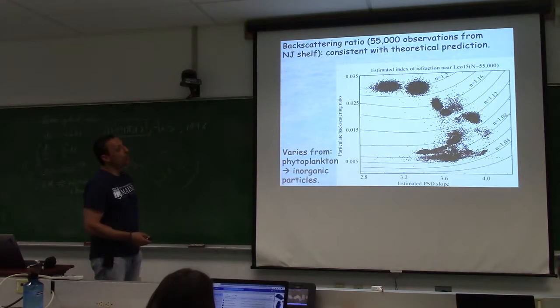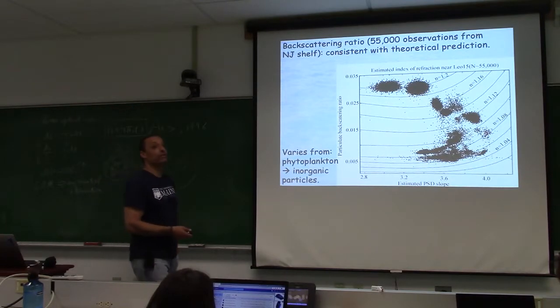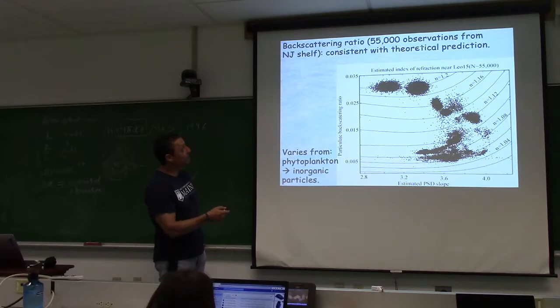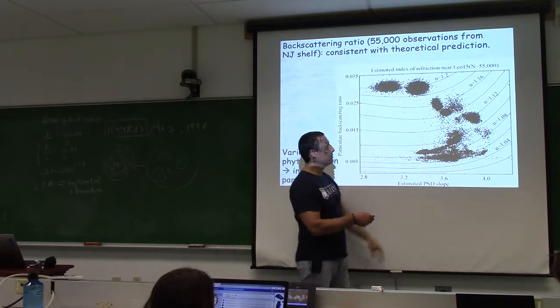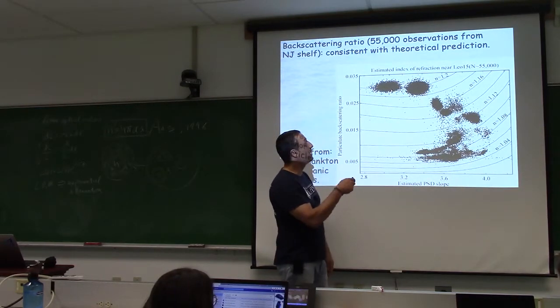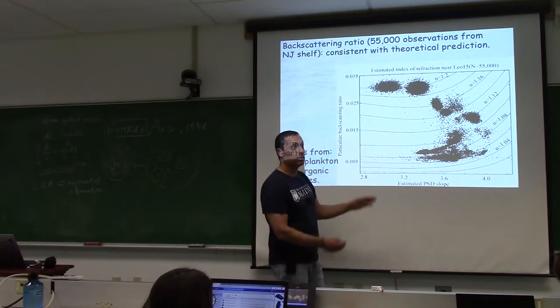And then when we throw our measurements on top of them, they fit, just like they did for you. This is from 55,000 observations on the New Jersey shelf, from places where we had resuspension of sand, all the way down to algae-dominated surface water, and in between them, which is amazing.